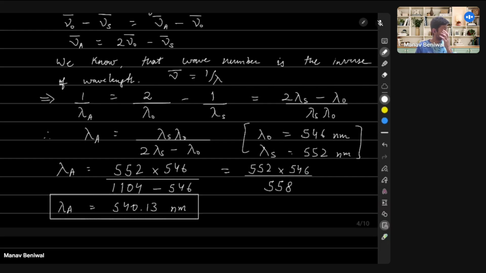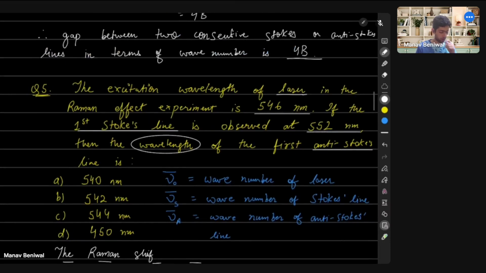So this is the wavelength of the first anti-Stokes line. Let's look at our options. Option A is the closest one, which is 540 nanometers.